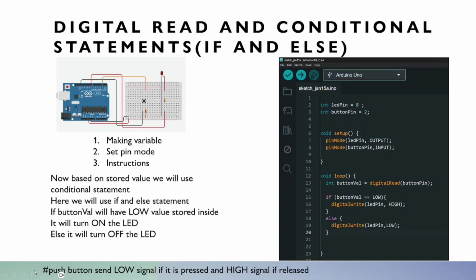One more thing you have to keep in mind is that a push button sends a low signal when it is pressed. So when the button is pressed, it will send a low signal, zero signal. And if it is released, it will send a high signal. So if button val equals zero, that means the button is pressed. Then you have to digitalWrite LED pin high, which means turn on the LED.